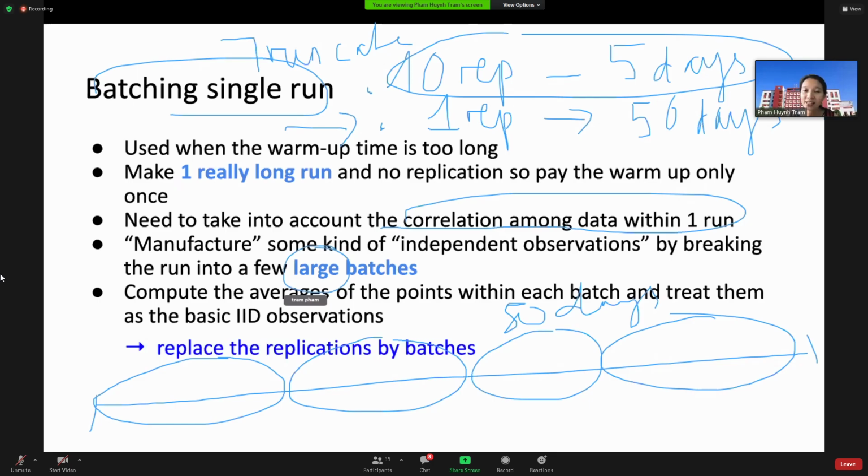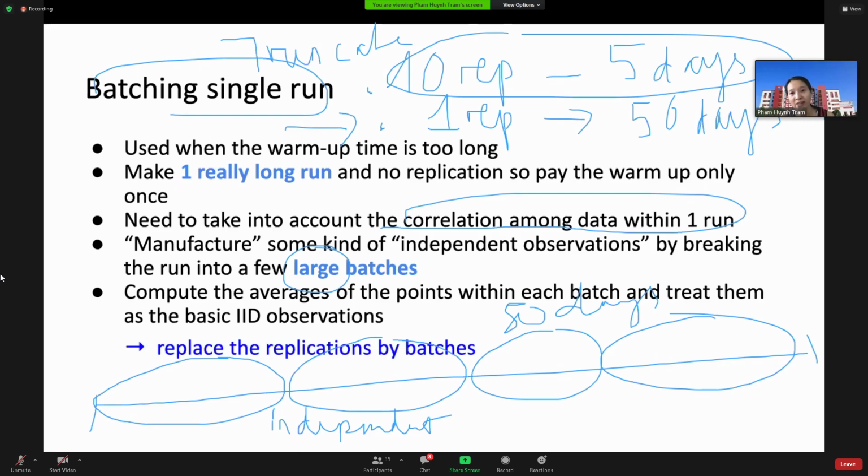The reason we need a large batch size is that when we group a lot of data into a big batch, it's like we take a sample, and the batches will have a tendency to be independent from one another. This is proved statistically.